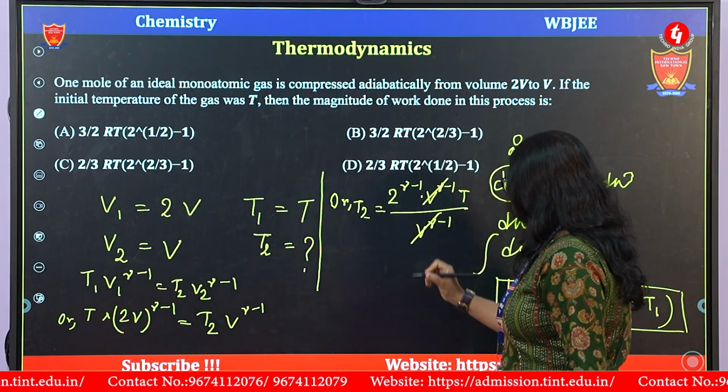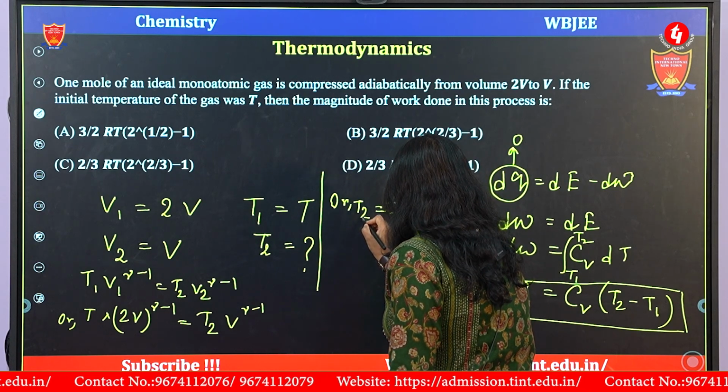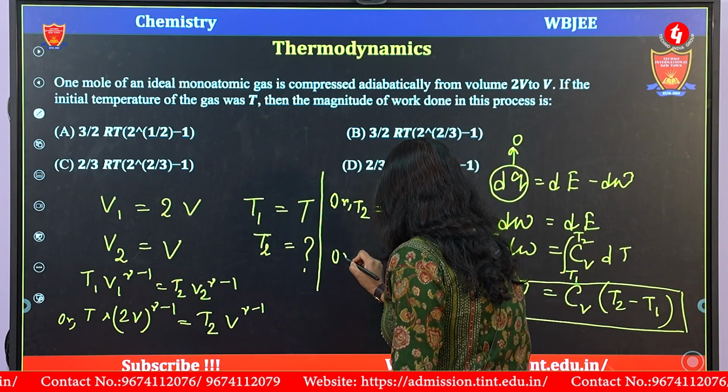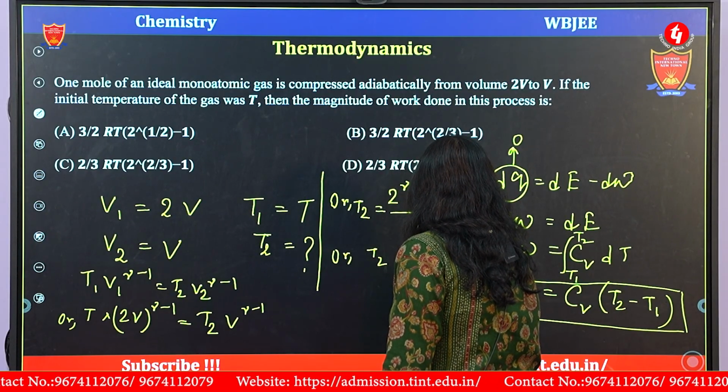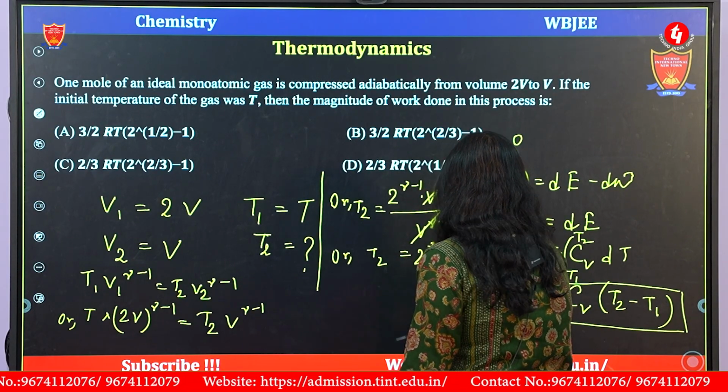These two will cancel out, and we get T2 as 2 to the power gamma minus 1 into T.